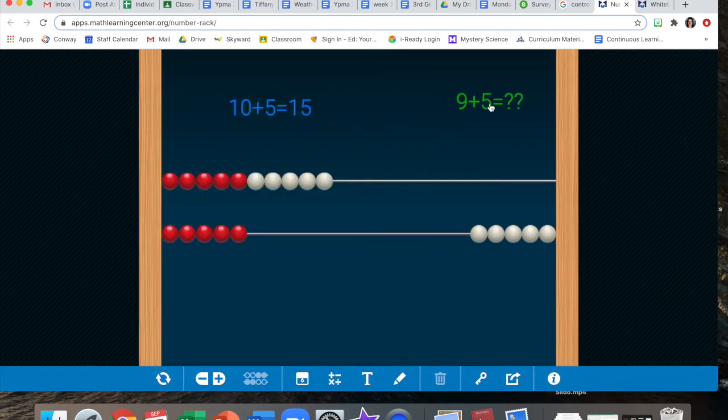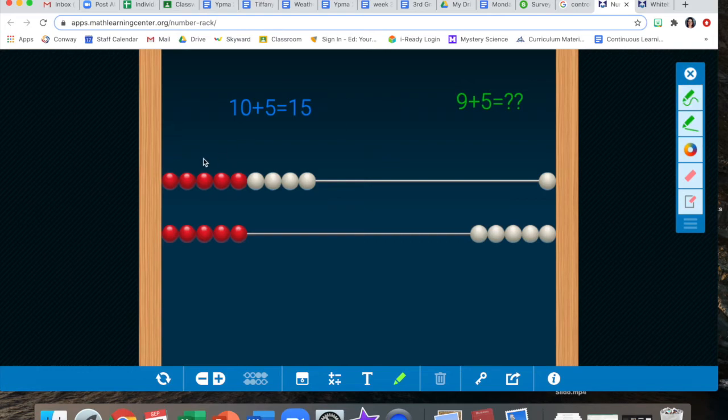Okay, now we have the add 9 fact. We're going to get rid of 1 from the 10 to turn it into a 9 and take a look at what we have then. We have a group of 10 here and 4 more. So the answer is 14. 9 plus 5 is 14, which is 1 less than 15 over there.